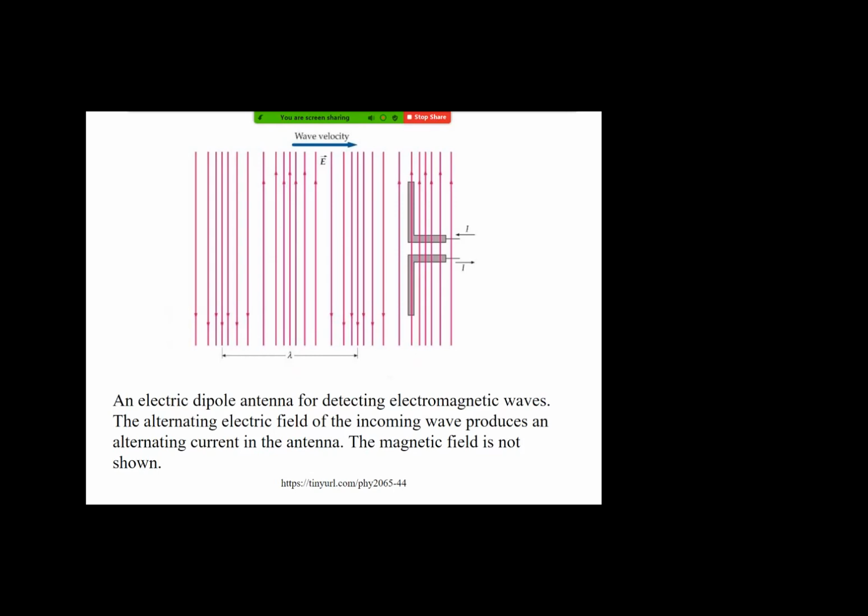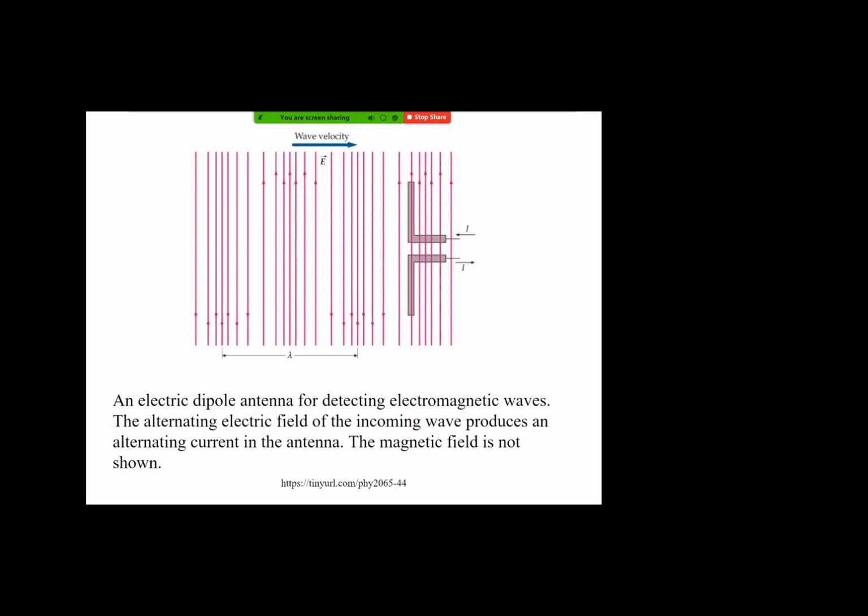Now for the receiving end, if you have a receiving antenna, it is connected to a loop. When the EM wave hits over here, for example the electric field, you will have a changing electric flux inside the loop.